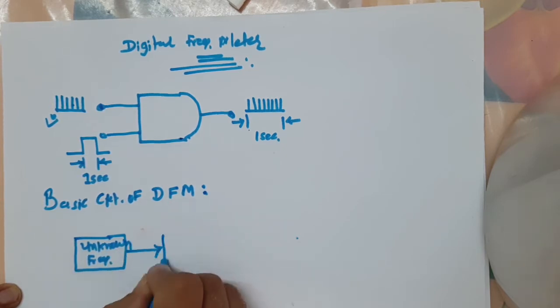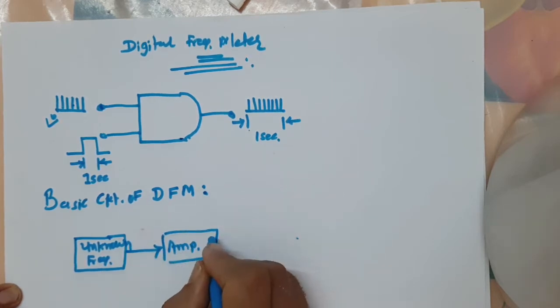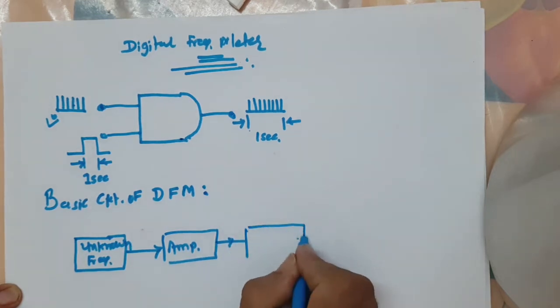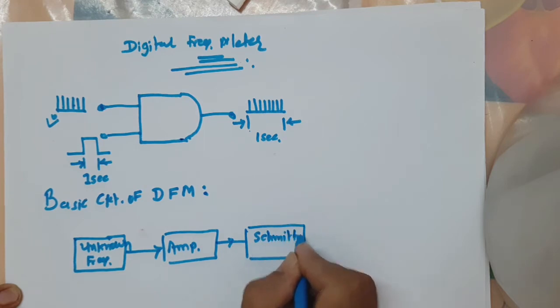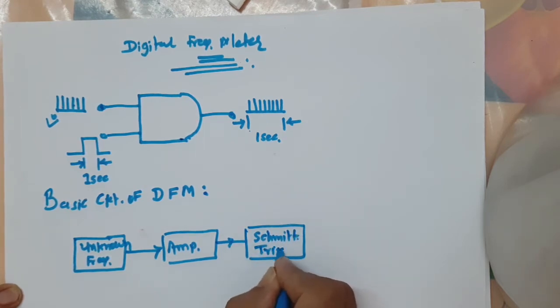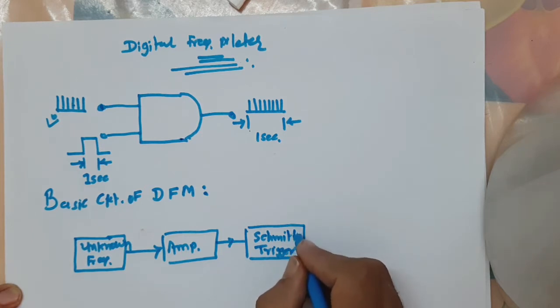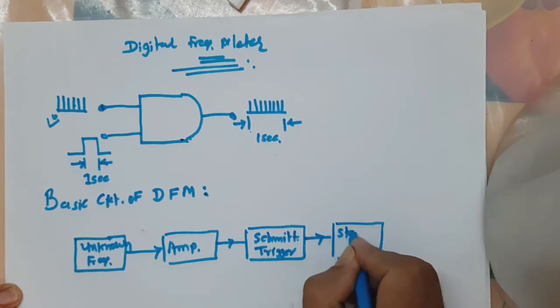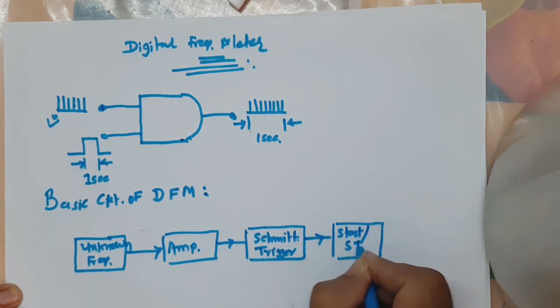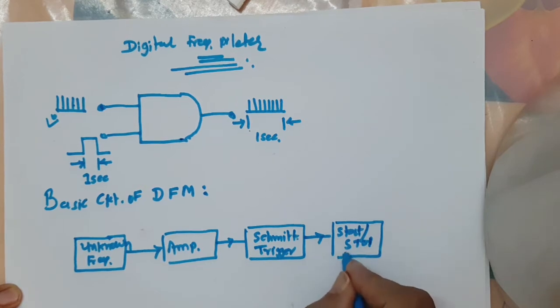It is given to the amplifier, then it is given to the Schmitt trigger, and then it is given to the start stop gate.